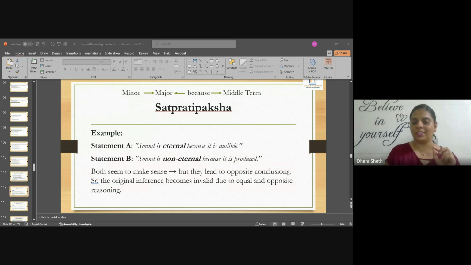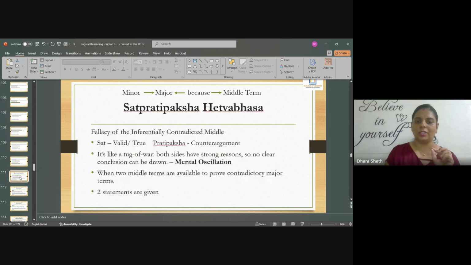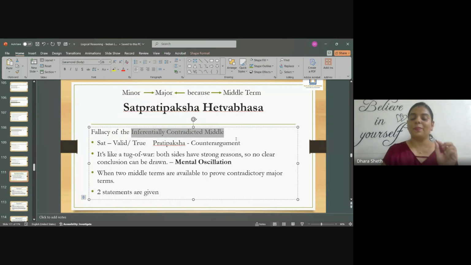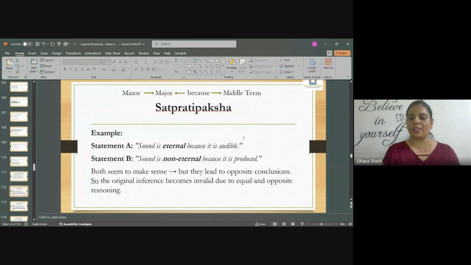So this is the fallacy, Satpratipaksha, fallacy of mental oscillation or fallacy of inferentially contradicted middle. You have done inference in both the sentences, and based on your inference, your middle term is contradicted. That is why inferentially contradicted middle.